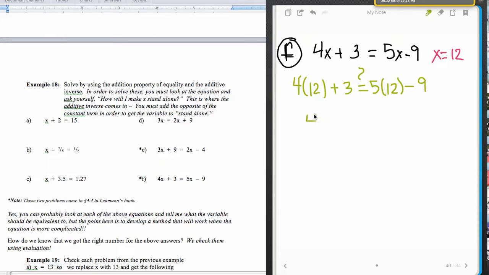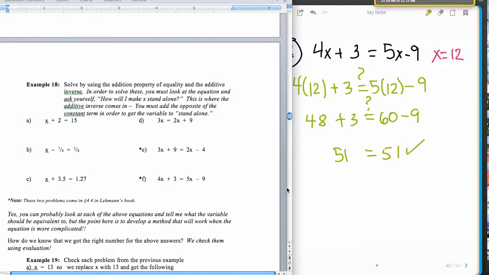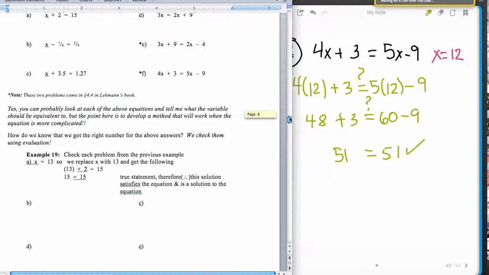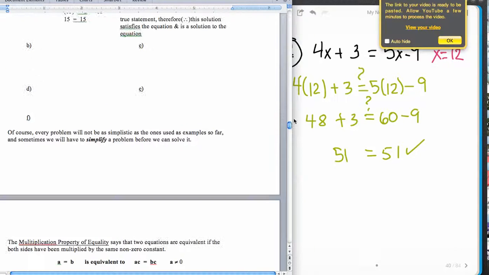So 4 times 12 is 48, plus 3. 48 plus 3 is equal to 51, and then we're asking, is this equal to 5 times 12, which is equal to 60, minus 9, and 60 minus 9 is indeed 51, and 51 equals 51, which shows us that that is a check. So those are the checks for all of the problems that we did, and that of course was example number 19 in our notes here to do all of the checks.